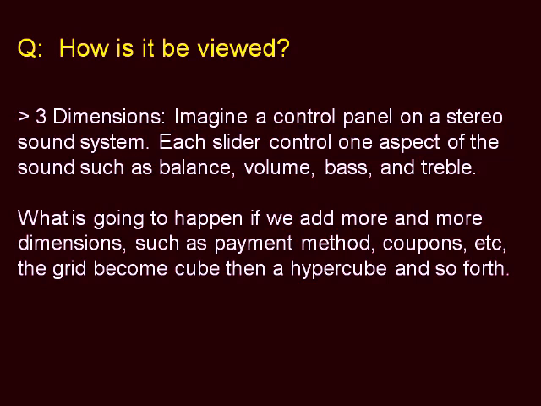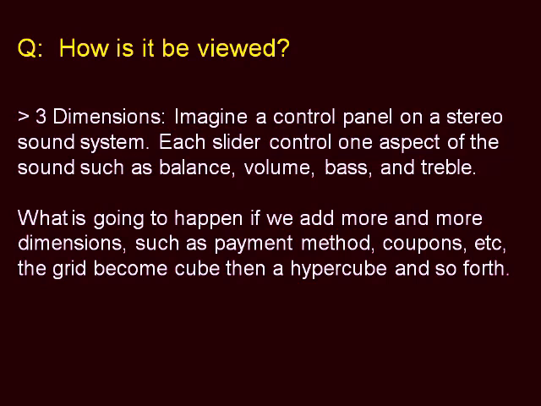In the sense that you cannot represent it physically in the form of a structure, but you should understand it in an abstract sense. Suppose you imagine a control panel on a stereo sound system; we all use a stereo sound system for day-to-day presentations.